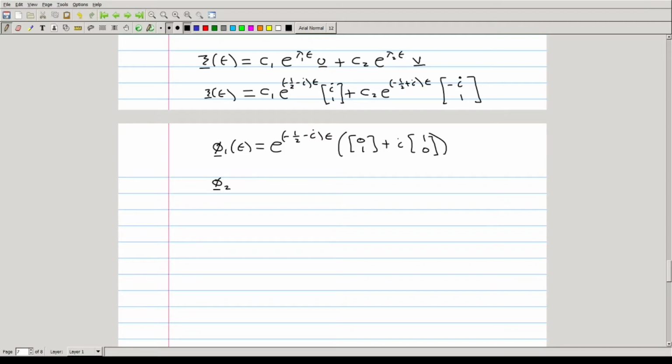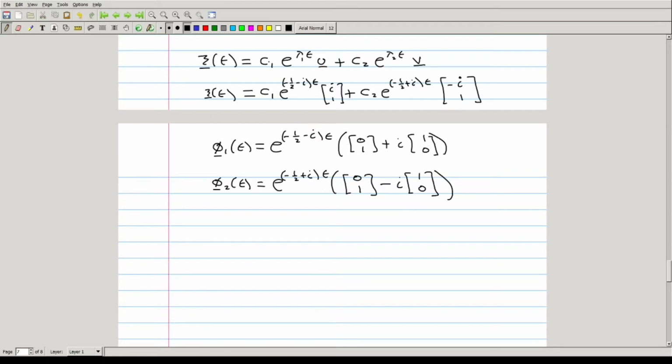And phi2 of t is e to the negative 1/2 plus i times t times the vector 0, 1 minus i times 1, 0.